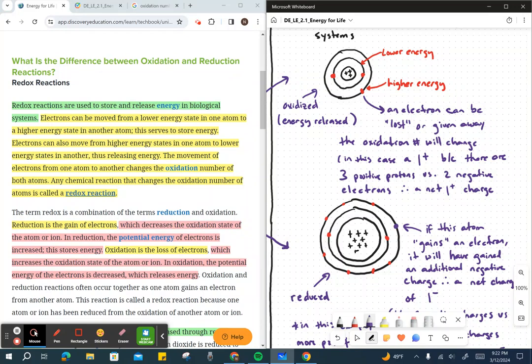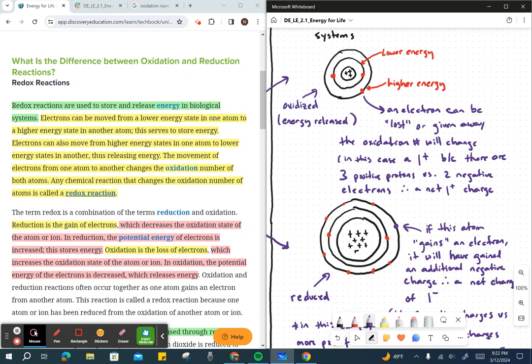In this particular case, the oxidation number will change, right? It'll have a 1 plus charge because there are 3 positive protons in the middle. And since it gave away one of its 3 electrons, now it only has 2 electrons. So it has a net 1 plus charge.